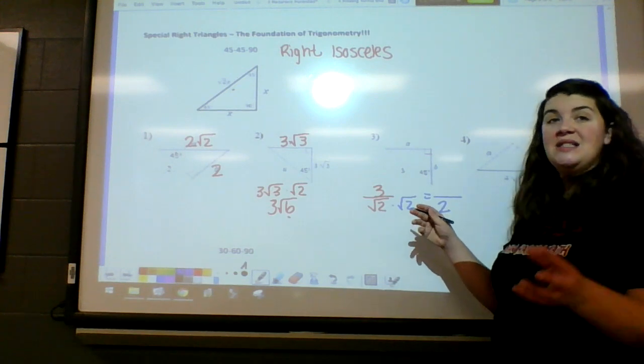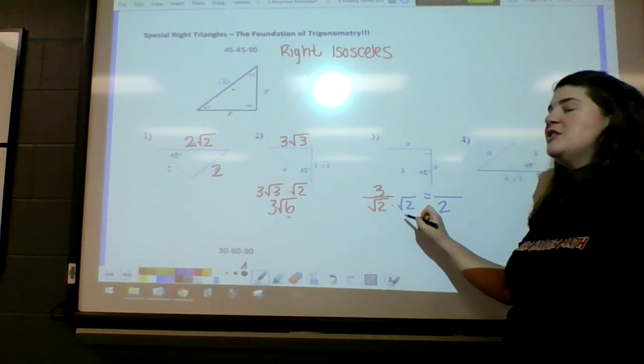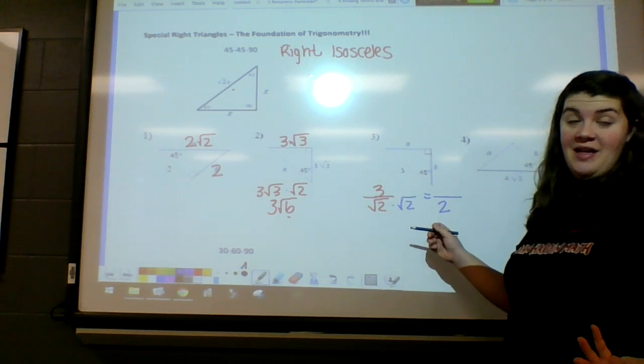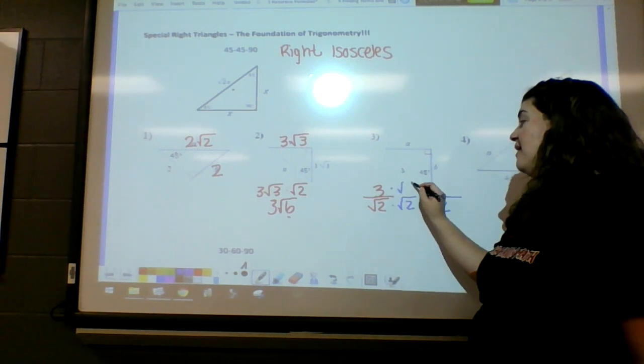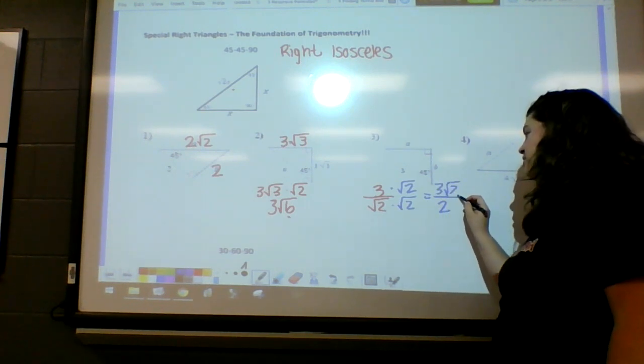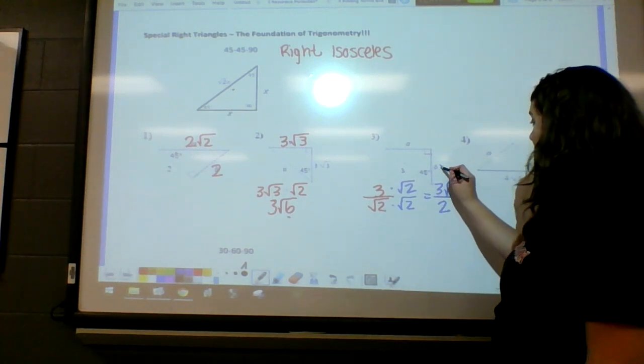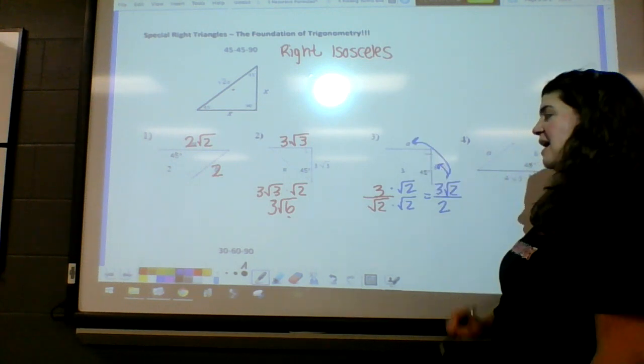So those square roots go away. Now, you can't just multiply a denominator by the square root of 2 unless you also multiply the numerator. So the numerator is 3 square root of 2, and this is 3 square root of 2 over 2. That's the sides, both A and B in this case.